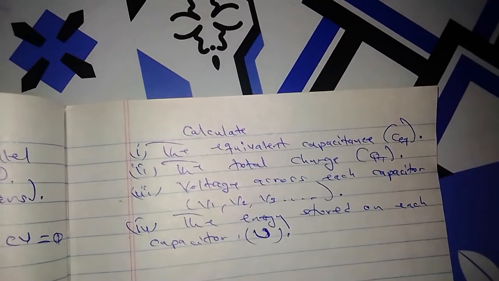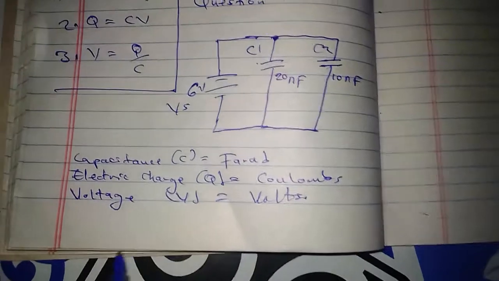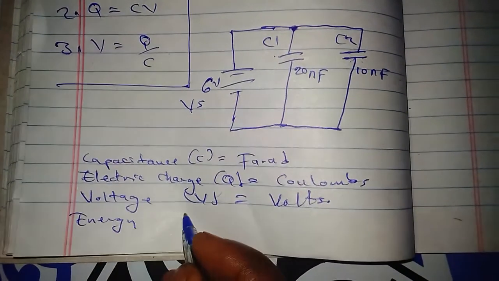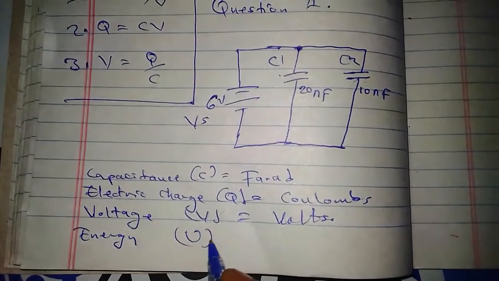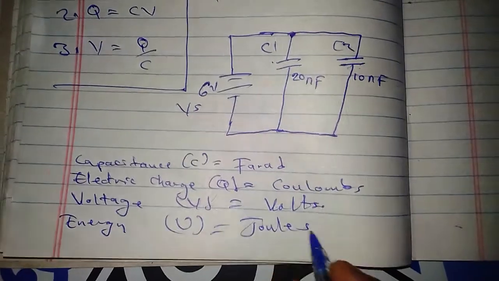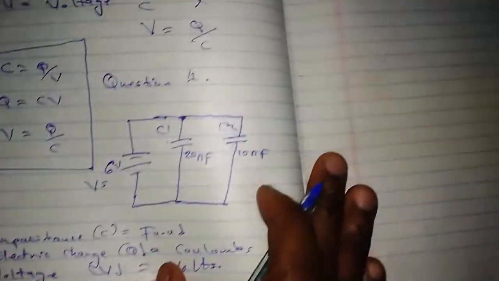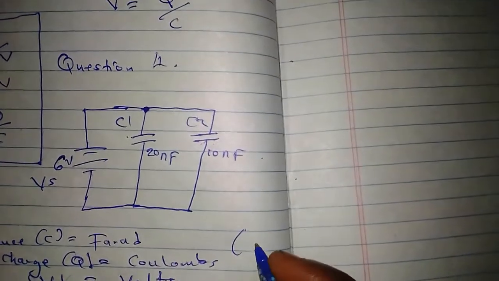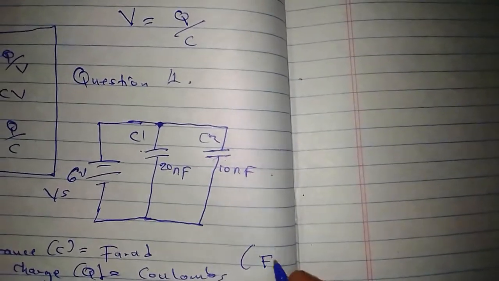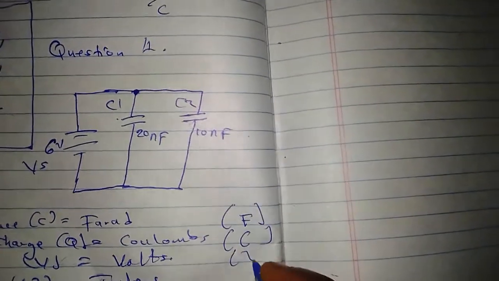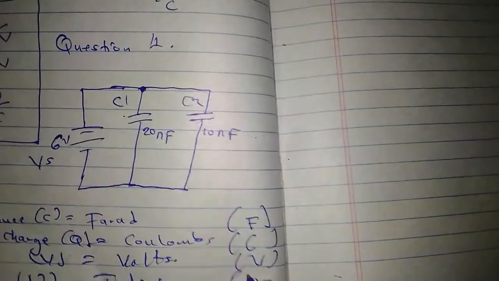Energy is measured in joules. So let's come back here and add energy. We'll consider this one, which is in joules, J. Capacitance is in capital F, charge is in C, voltage is in V, and energy is in J.